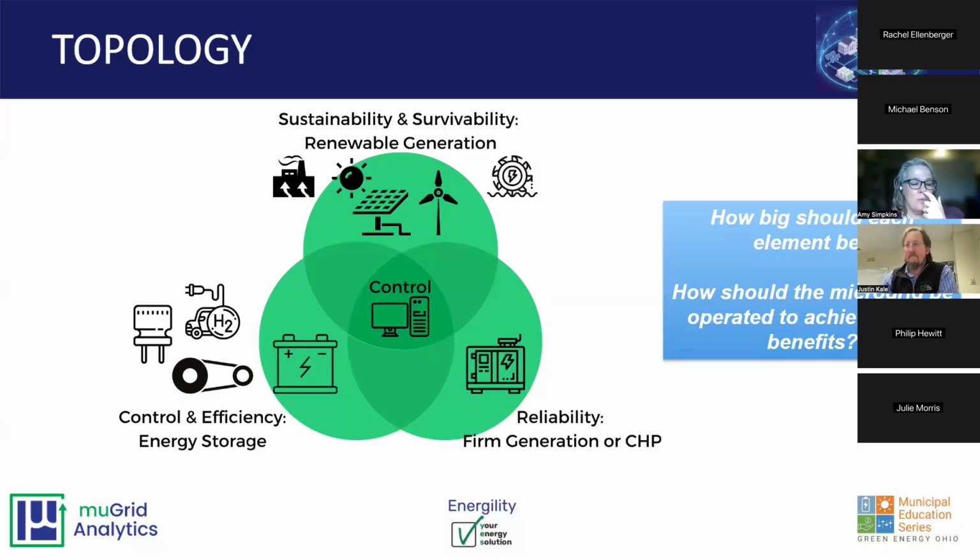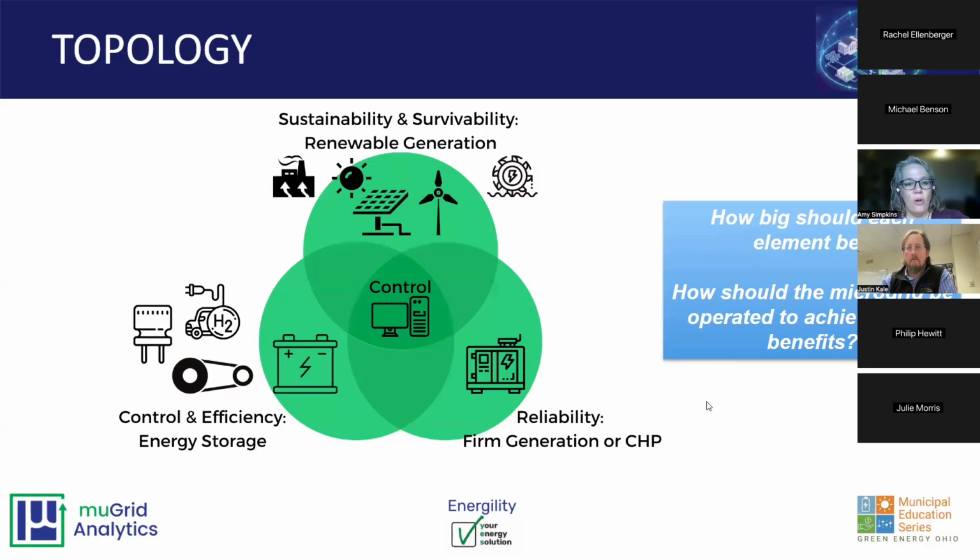So what we do is we combine these three pieces of technology together in a microgrid to leverage their strengths together and allow their strengths to complement each other, to allow renewable generation to bring more survivability to firm generation, to allow firm generation to bring more efficiency to energy storage, and vice versa.